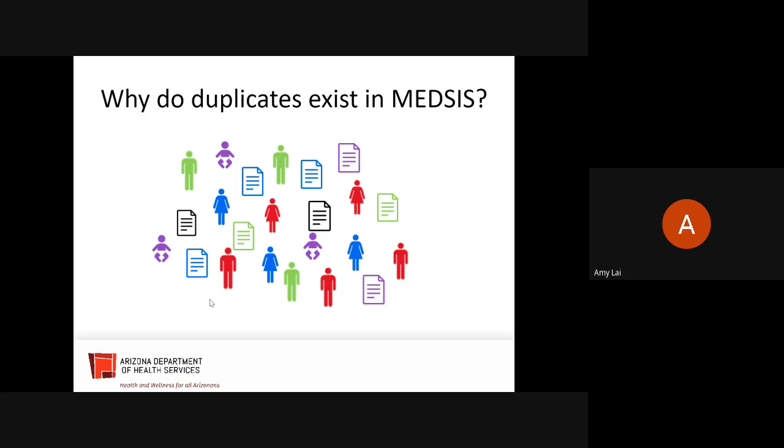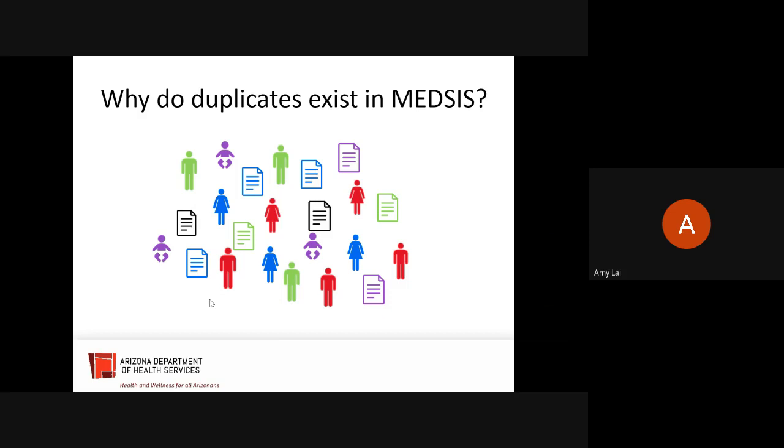So that is why we have duplicates, because if you remember from last week, a hospital or healthcare facility or laboratory who signs up to manually enter cases into MEDSIS can only see cases that were previously reported within their facility.